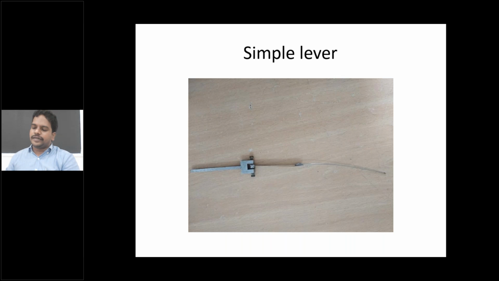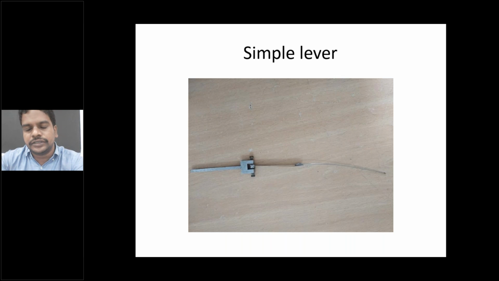Then coming to the simple lever. You need to write the uses of the simple lever. No drugs are administered. This instrument is used to mark the muscle contractions on a kymograph.